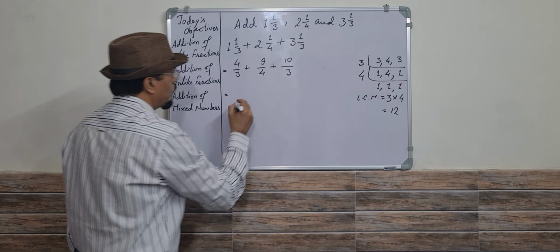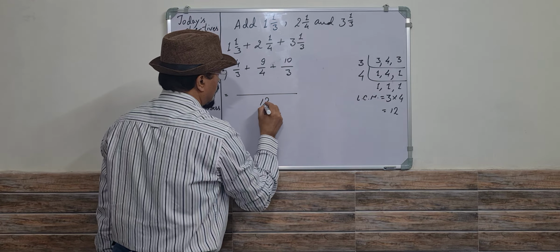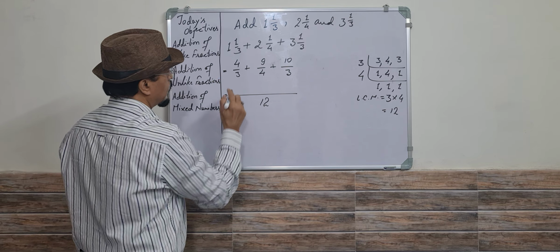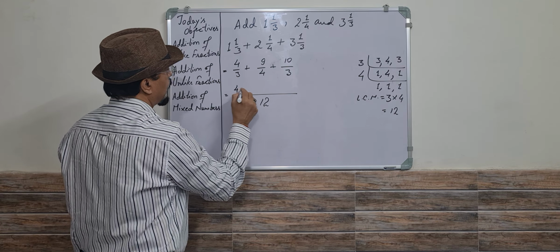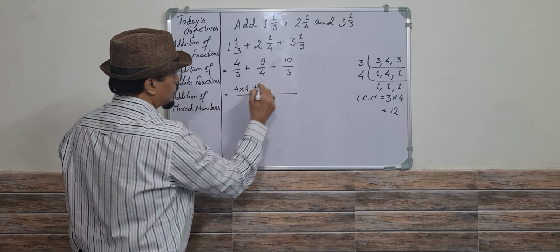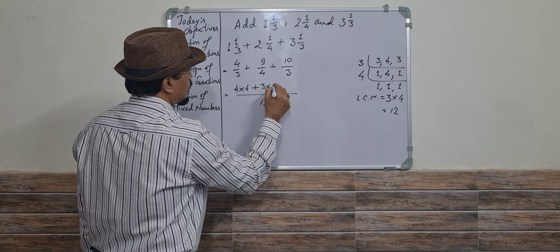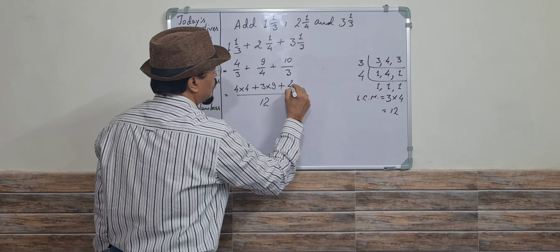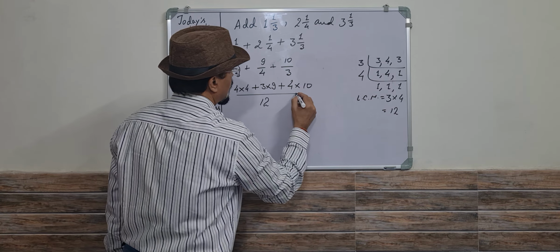So we'll write 12 like this. Then we'll divide this 12 by this denominator. 3 4s are 12, and multiply this with this numerator, plus 4 3s are 12, multiply this with this numerator, plus 3 4s are 12, multiply with this numerator.